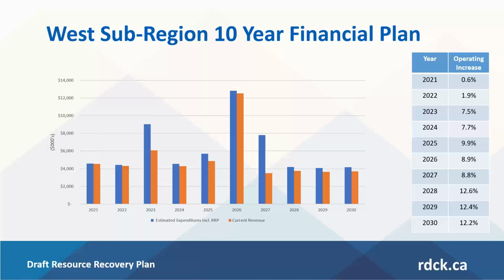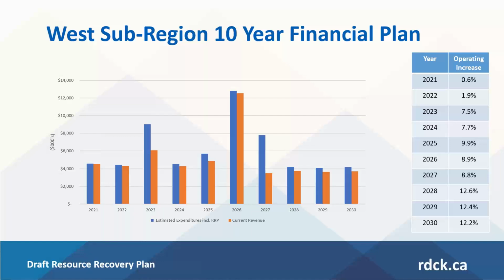So the chart shows in the blue estimated expenditures, including the new projects in the RRP, and in the orange is the current revenue as approved in the 5-year financial plans. So the importance of doing this is to identify where there are any gaps between the expenditures and the revenue.